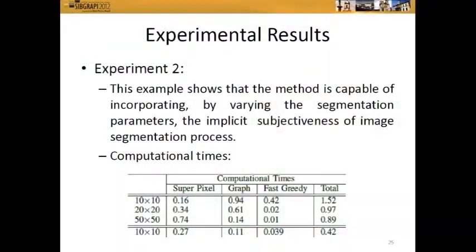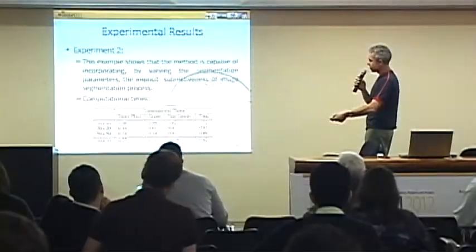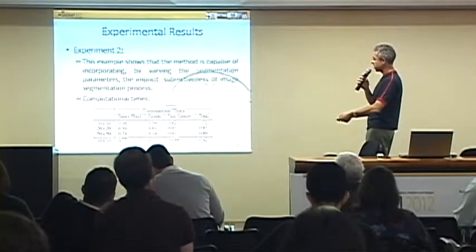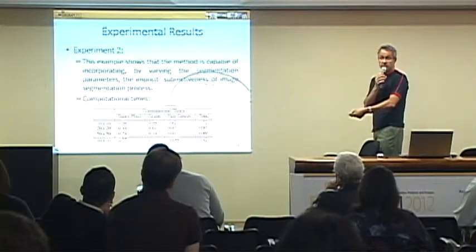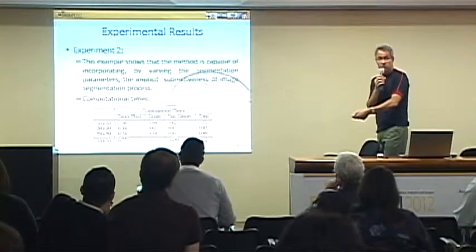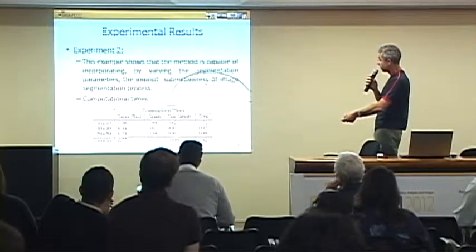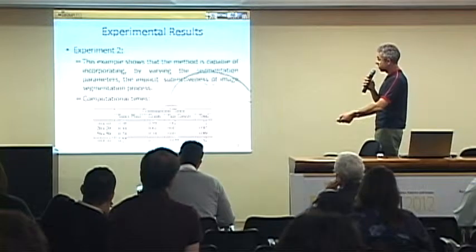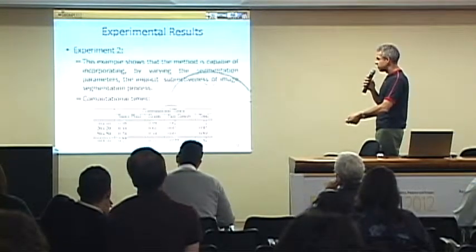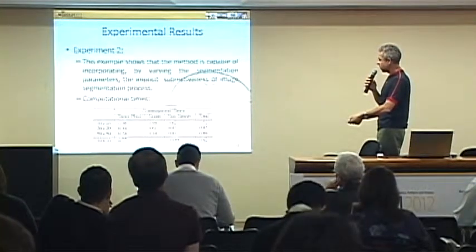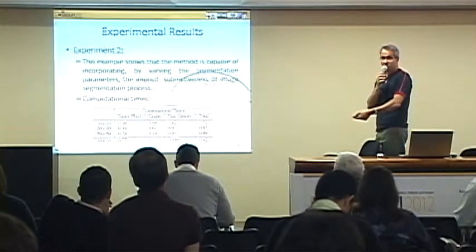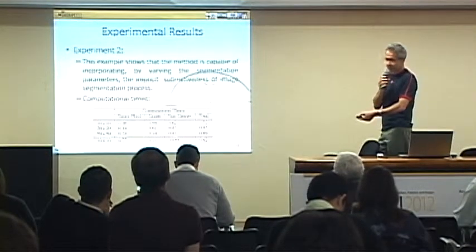Again, this is for the computational times. You see, if the superpixel is too small, obviously you take more time to compute the complex network and to run the community detection algorithm. If the superpixel size increases, the time drops because the complex network is less complex, if you can say that.